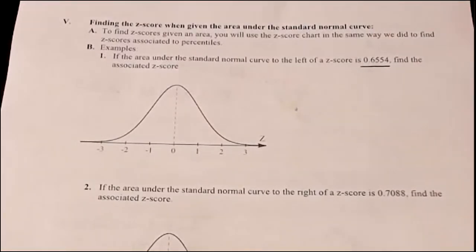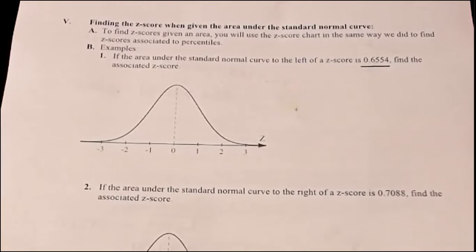Question, if you had to guess, where might our z-score be if the area to the left is 0.6554? Take a guess. In between 0 and 1. Yeah, I love it. I think that's a fantastic guess. Yes, Abby says positive. I actually really love that.